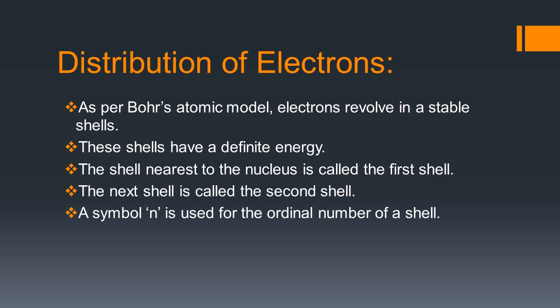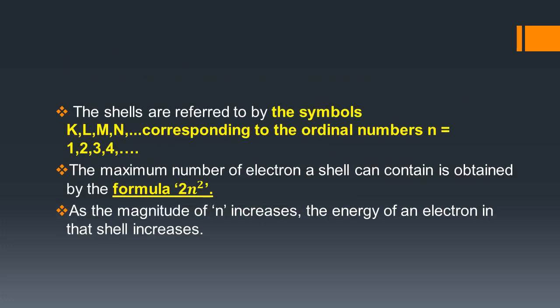A symbol small n is used for the ordinal number of a shell, that means first, second, third. The shells are referred to by the symbols K, L, M, N corresponding to the ordinal numbers n equals 1, 2, 3, 4.